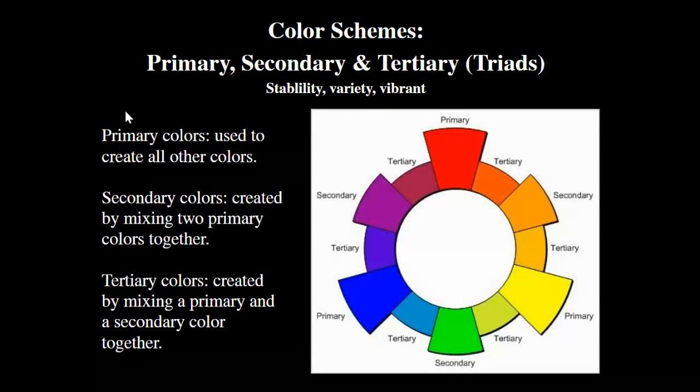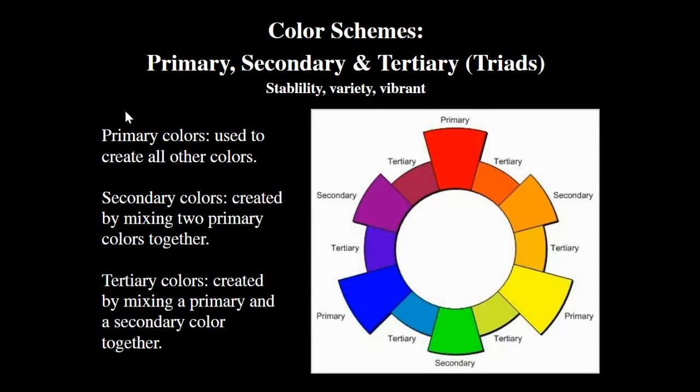So the main color schemes are primary, secondary, and tertiary. The primary colors are used to create all other colors. So the primary colors, does anyone want to say what they are? Red, blue, and yellow. Yeah, exactly. So once you have those three colors, you can mix them together to create all the other colors of the color wheel.